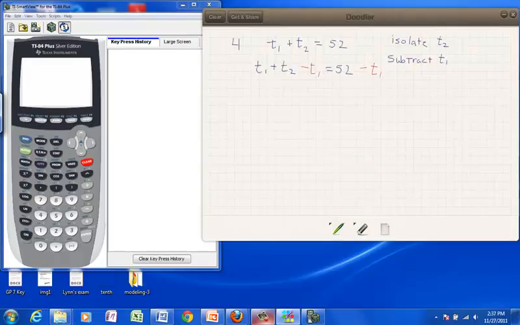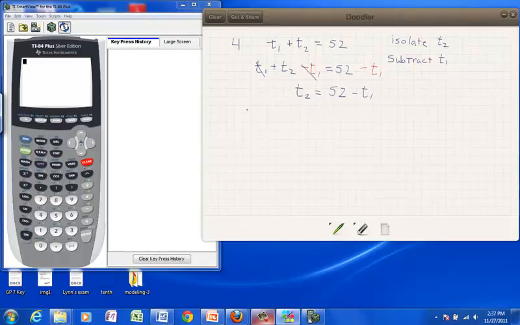And so on this side, T sub 1 minus T sub 1 goes to 0, and we're left with T sub 2. And there's nothing we can do to combine this side, so it's just 52 minus T sub 1. Since T sub 2 is isolated, I have my solution.